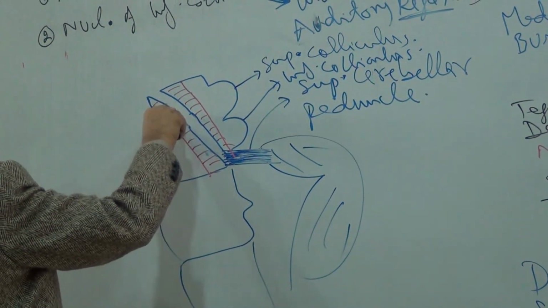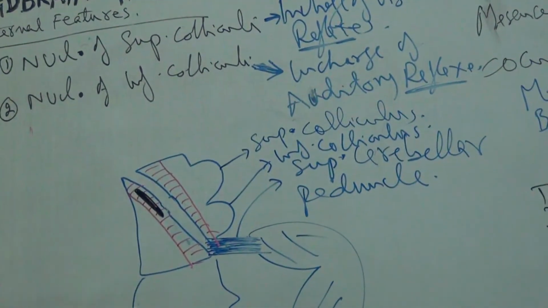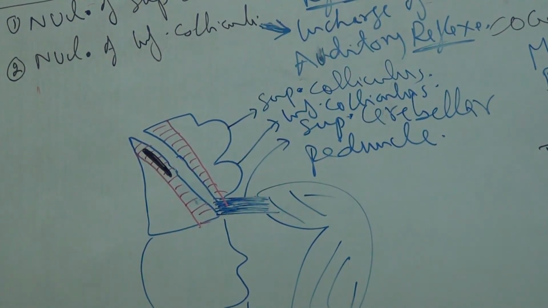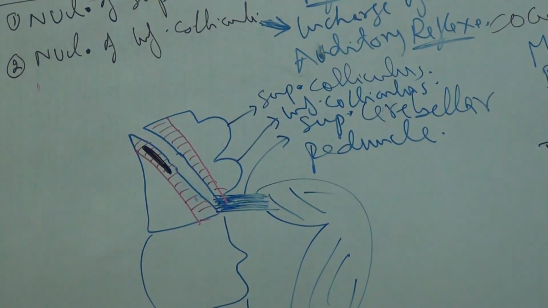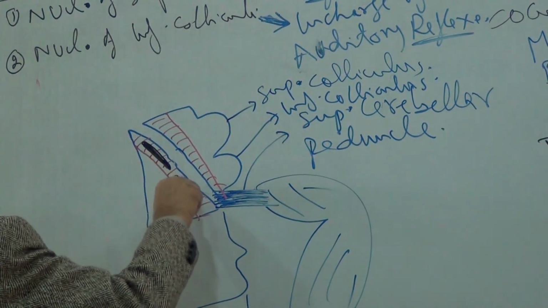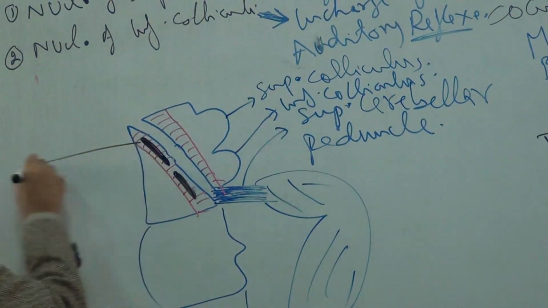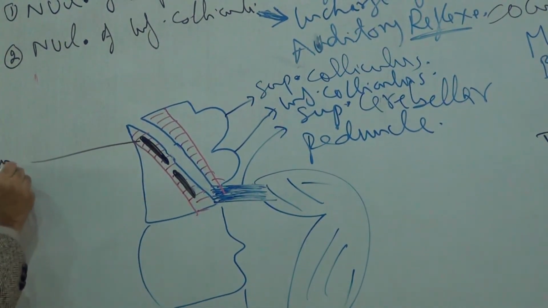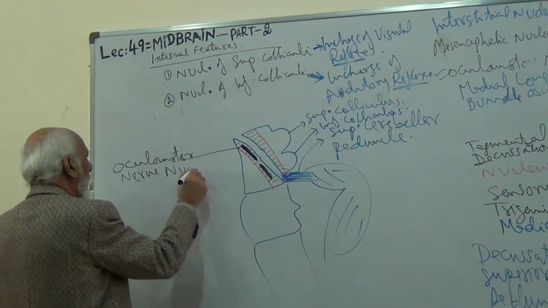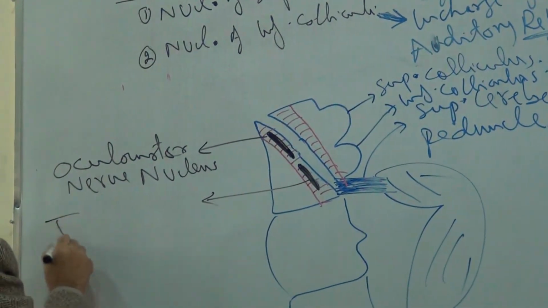This is a longitudinal section through the brainstem. And again, anterolateral to the cerebral aqueduct in the central gray matter, at the level of inferior colliculus, is the trochlear nerve nucleus. This is the oculomotor nerve nucleus, and this is the trochlear nerve nucleus.